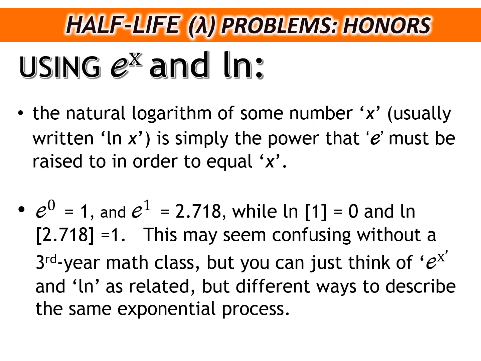So there's a symmetry there. e to the 0 is 1, natural log of 1 is 0. e to the 1 is 2.718, natural log of 2.718 is 1. This might seem confusing if you haven't had a third-year math class, but you can think of e to the x and natural log as being related, but different ways to describe the same exponential process.